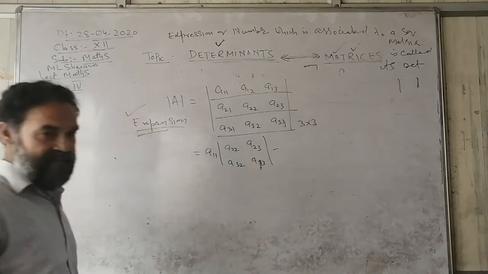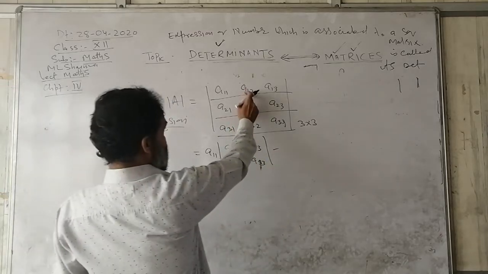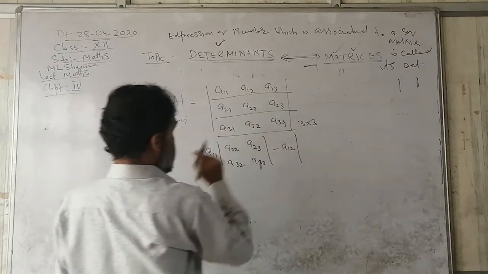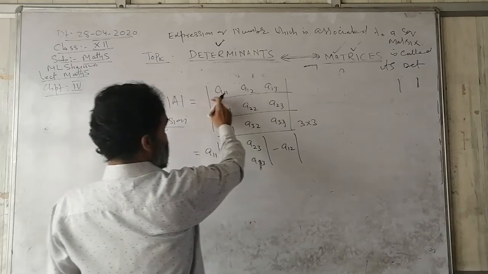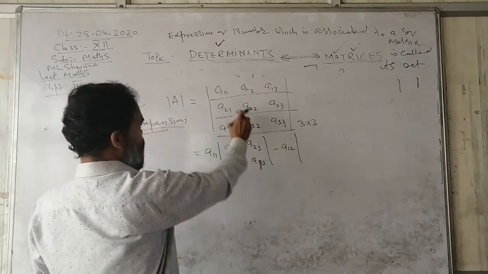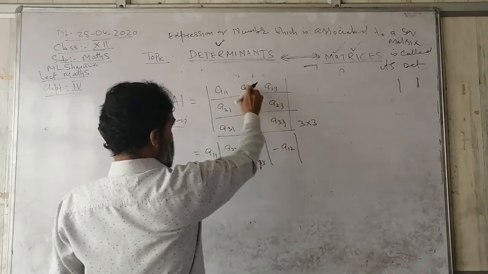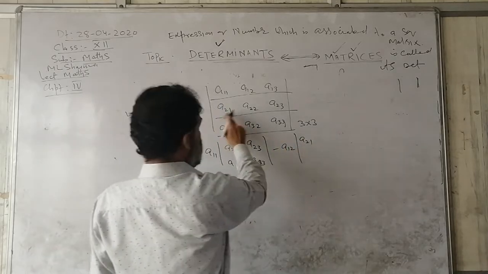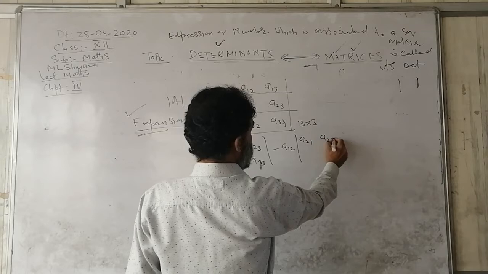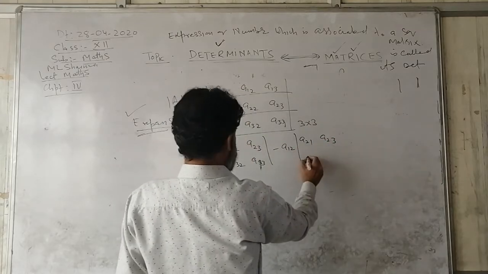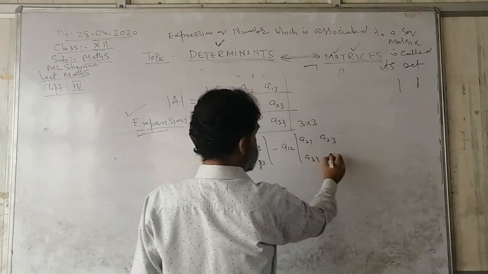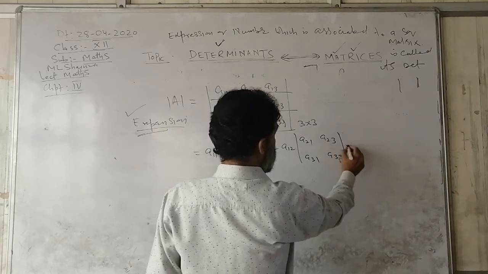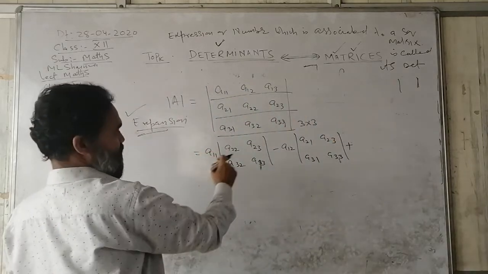Then I apply a negative sign here. Then I take this element and delete this row and this column. I will be left with A21 and A23. Then I apply a positive sign here.